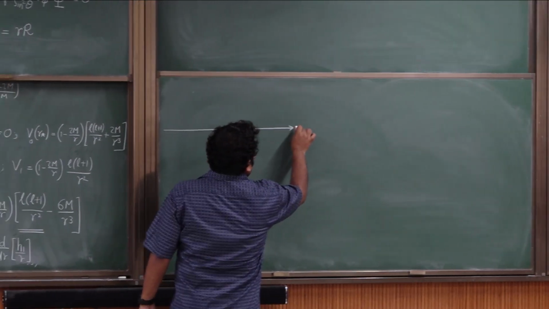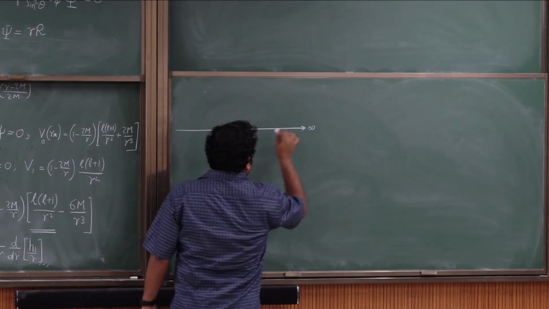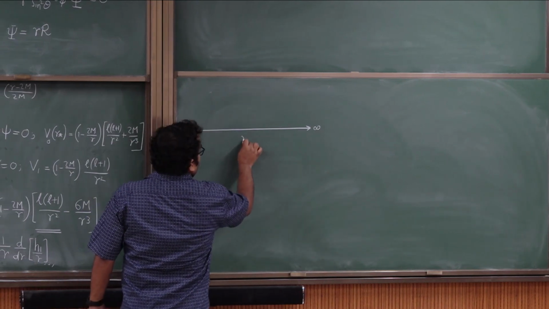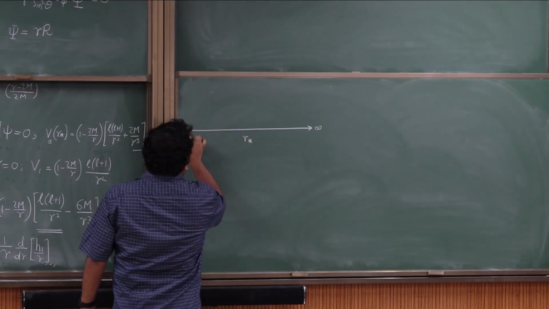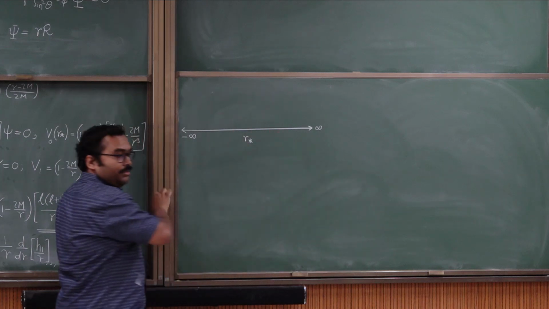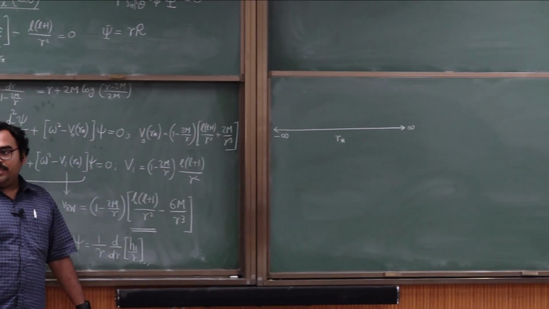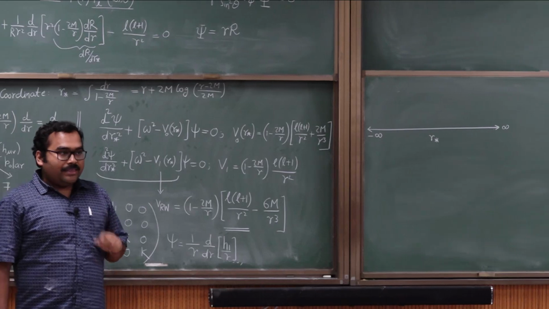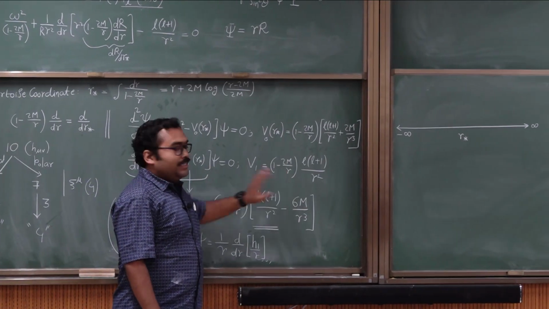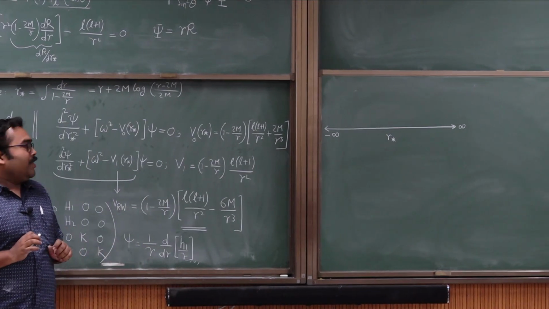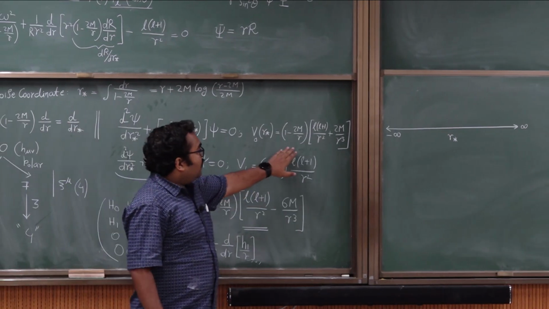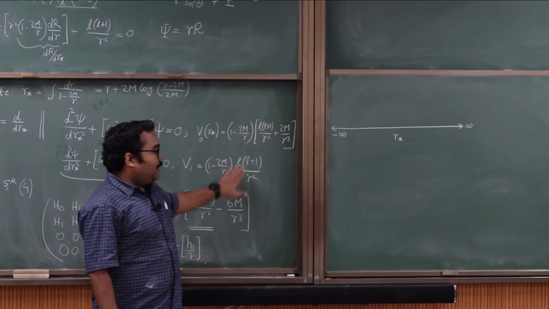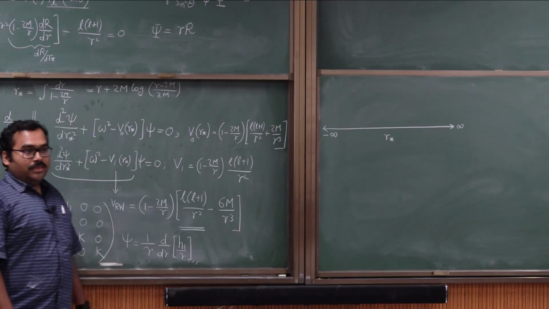I will draw the potential in the r star coordinate. As you know, r star goes from minus infinity to infinity, which I had already discussed with you. And the second thing that you know is the nature of this potential. Now if you go to r equal to 2M, can you tell me what happens to these potentials?